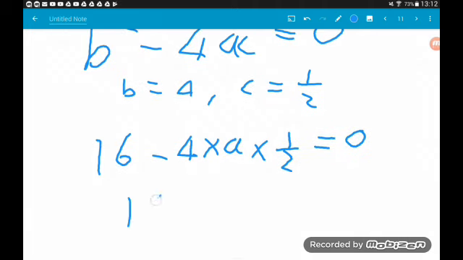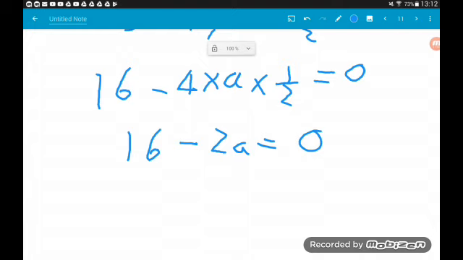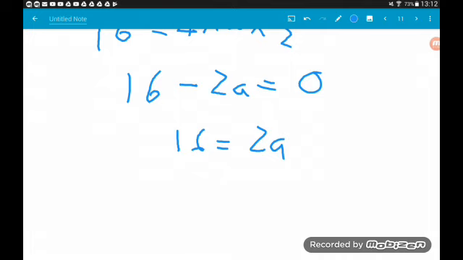Minus 4 times 1/2 is minus 2. So 16 minus 2a is equal to 0. Add 2a, 16 is equal to 2a, and then divide by 2, 8 is equal to a, or a is equal to 8. Jobs are good.